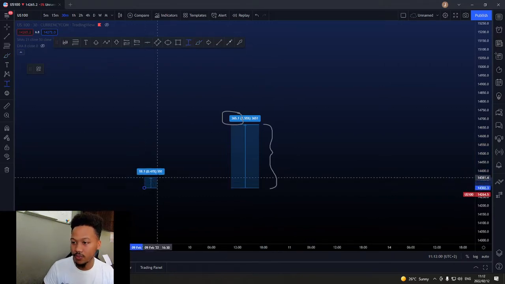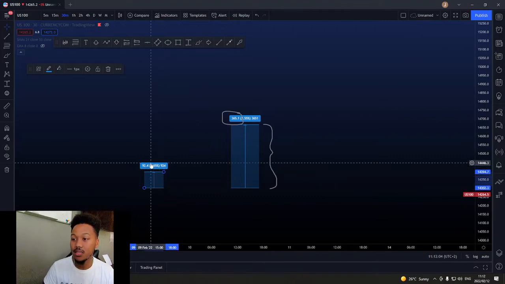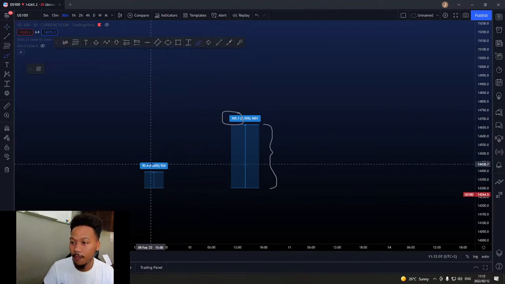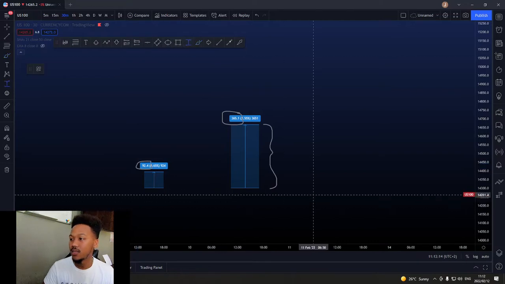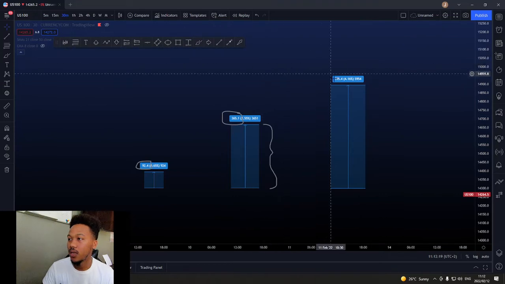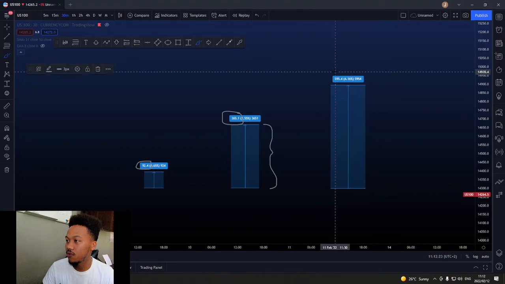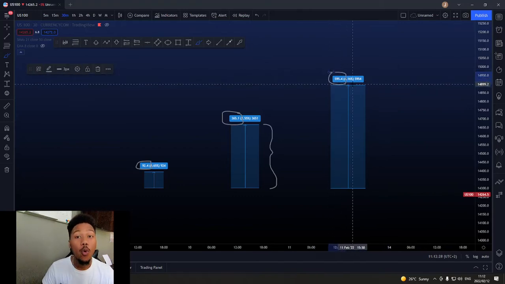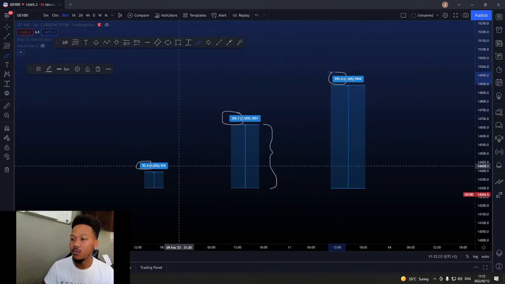Another example: this little space is equivalent to 92.4 pips. And a bigger one: this whole space is equivalent to 595.4 pips. Now, how do we calculate from these numbers?